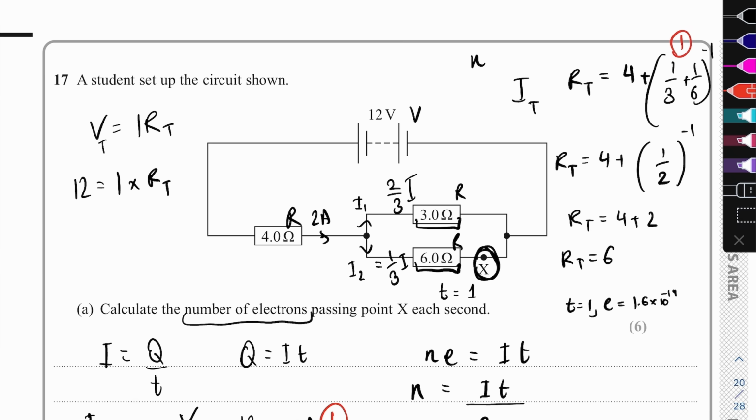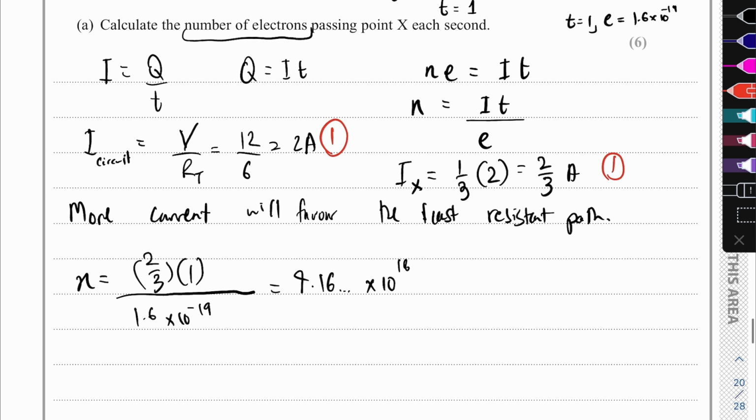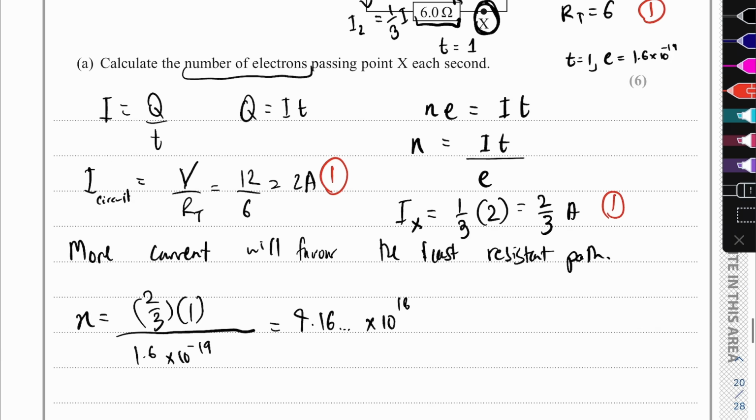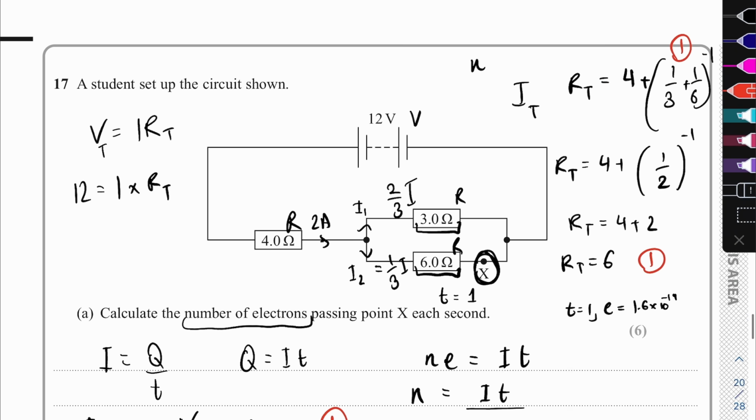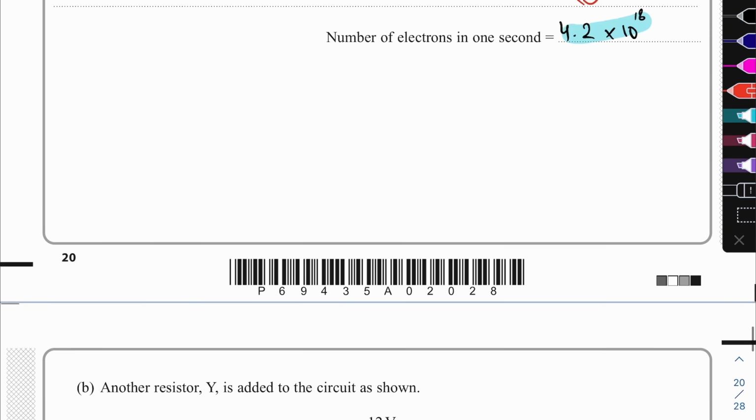The total resistance is 1 mark. So 1, 2, 3, 4, and 5. And then understanding that when you define N, it's Q equals I t. So that's 1 mark as well, and using I equals Q over t. That's 6 marks.